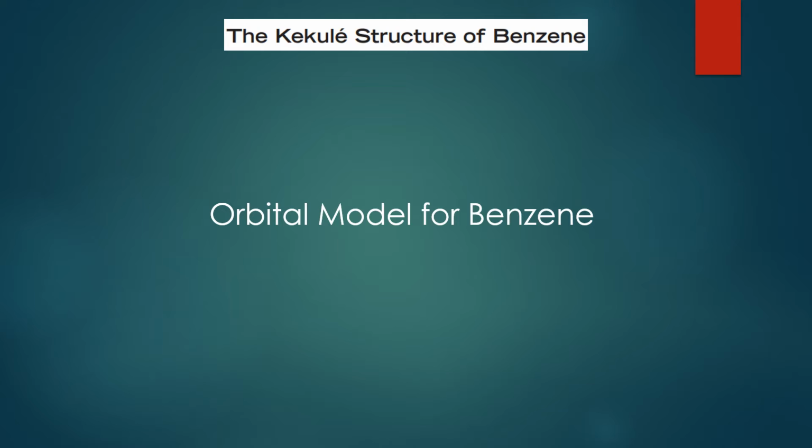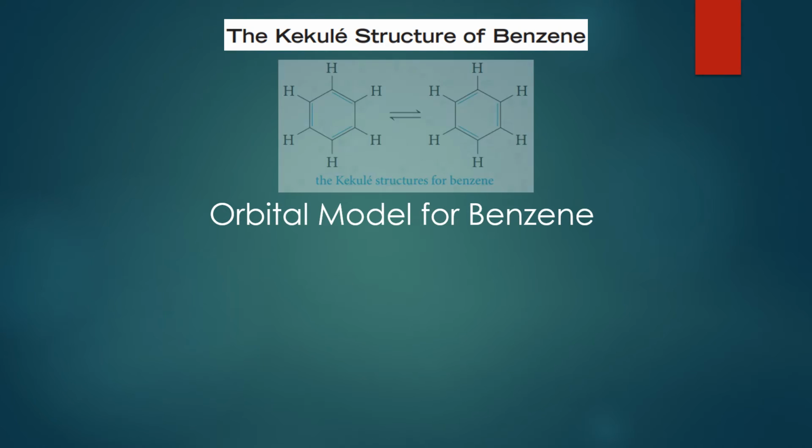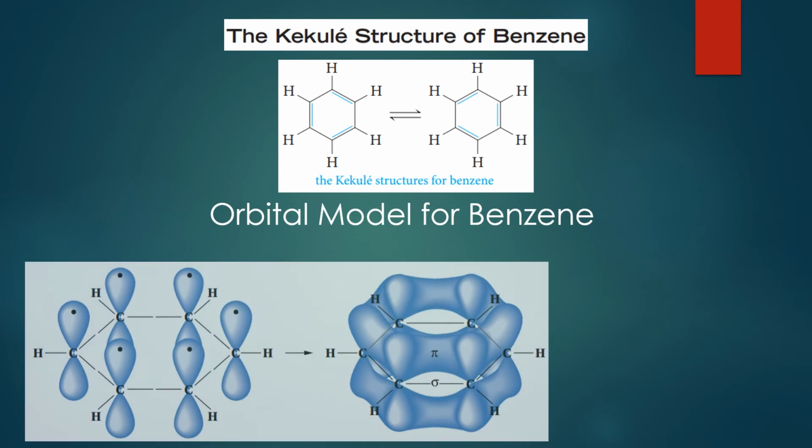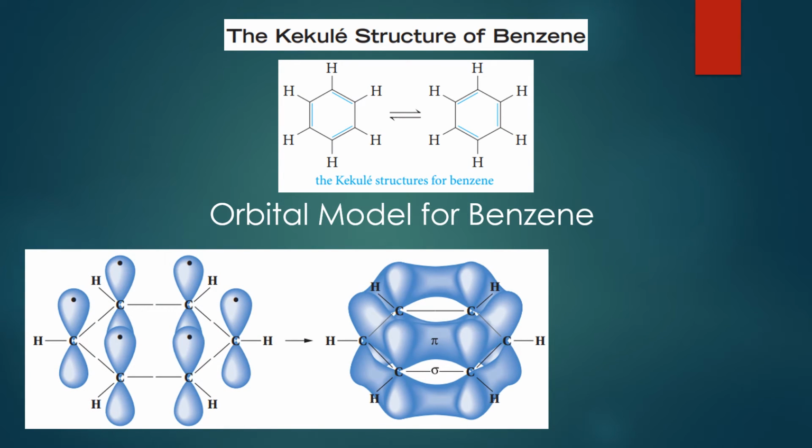the structure of benzene. Each carbon atom in benzene is connected to only three other atoms: two carbon atoms and a hydrogen. Each carbon is therefore sp2 hybridized, as in ethylene.